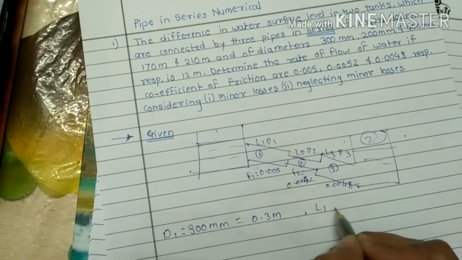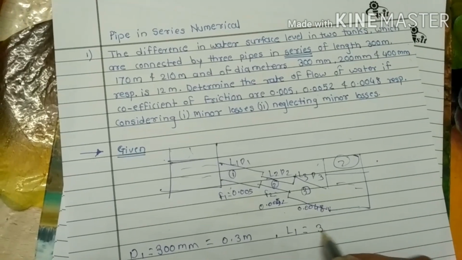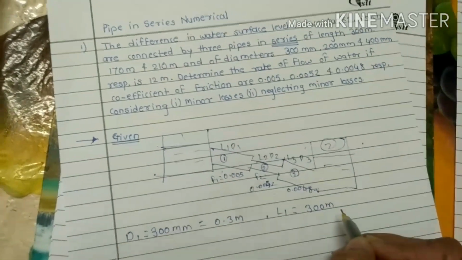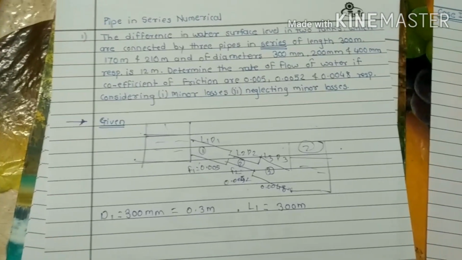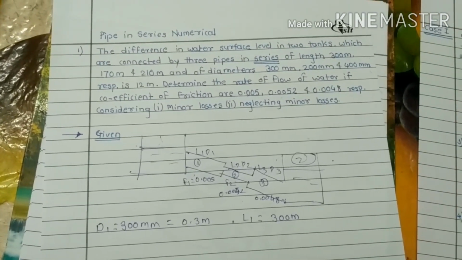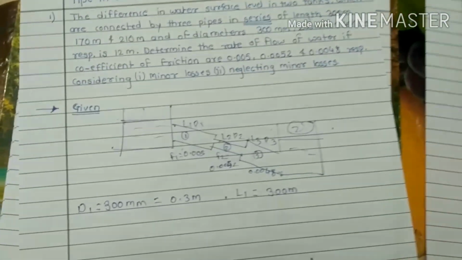Next to that write down the length of the first pipe also. So what is the length given? The first pipe is having length 300 meter, and remember these are pipe flow numericals, so the length of the pipe is always larger, so it is in meters only, not mm. So don't make that mistake.